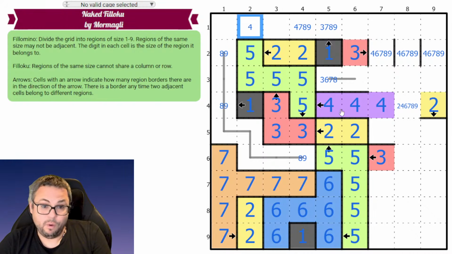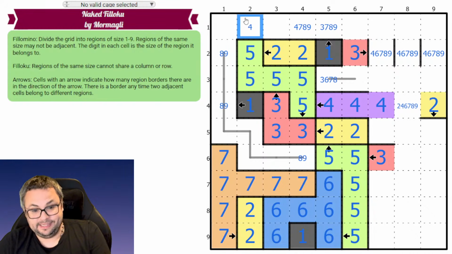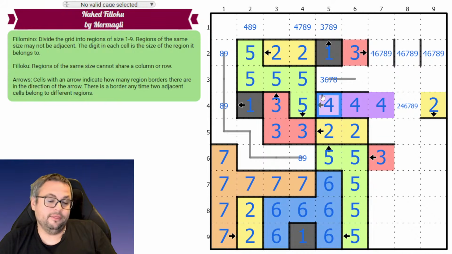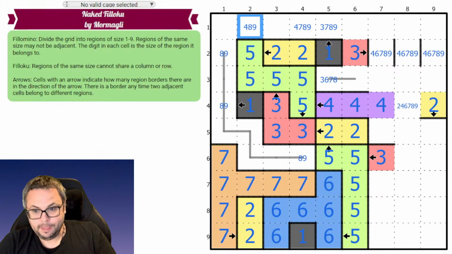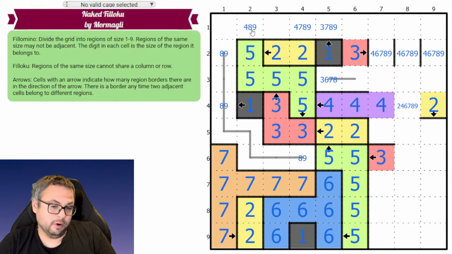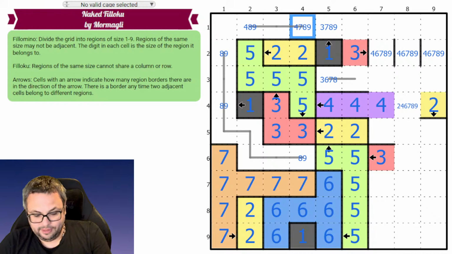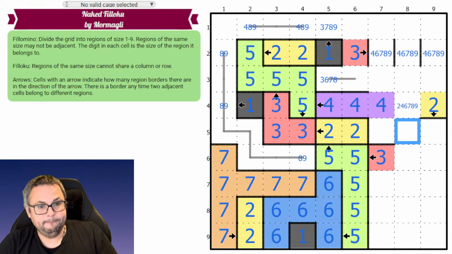So this is at least a 4. And it's not a 5 either. It can't be a 6 either, or a 7. It could maybe be the other 8, 9. But by virtue of being at least 4, it extends at least 2 this way. So that's enough to make this number also not 7.